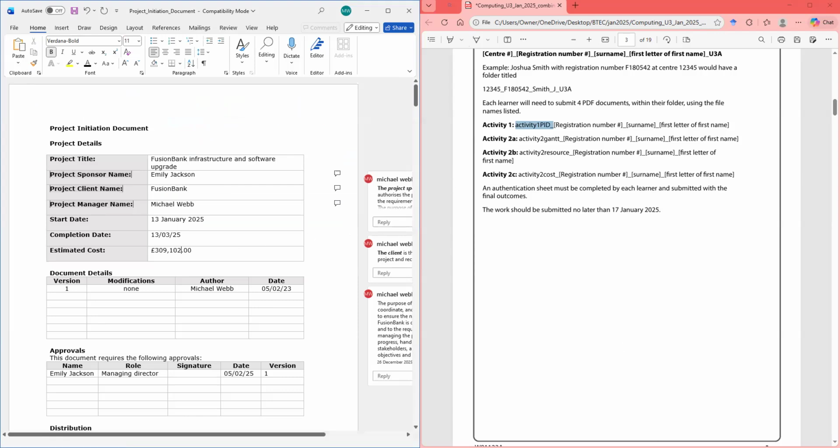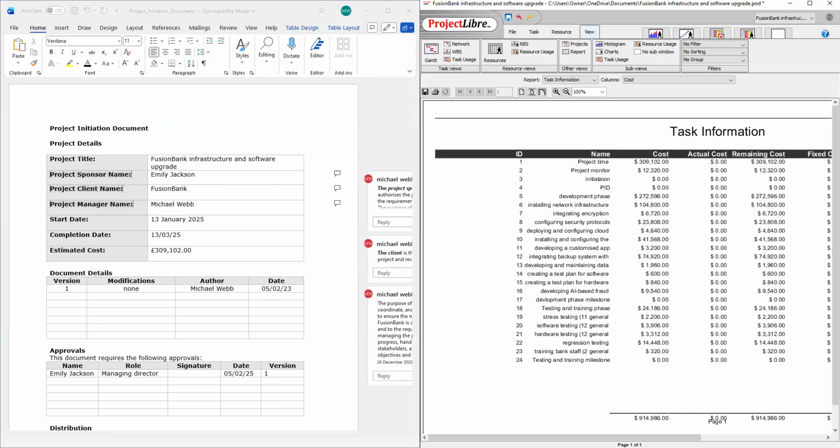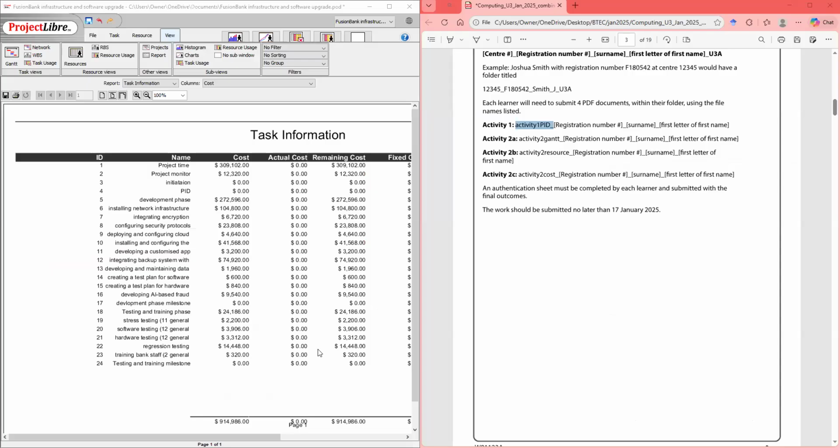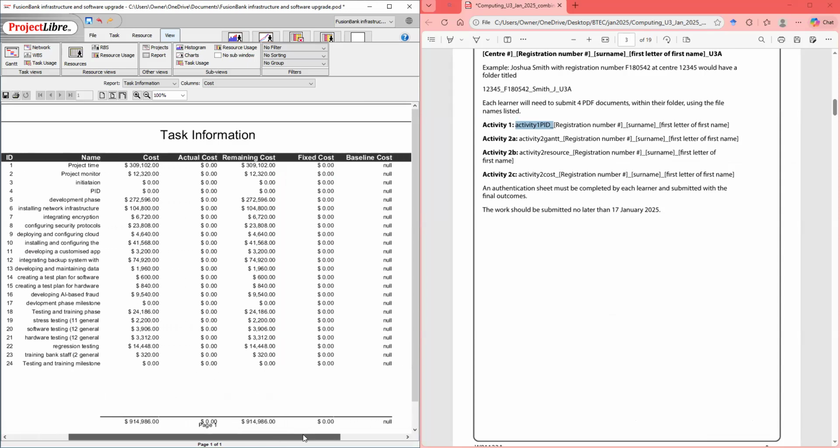The next one you're going to save is the cost of the project. This would be the costing, because it gives the cost of everything on the project.